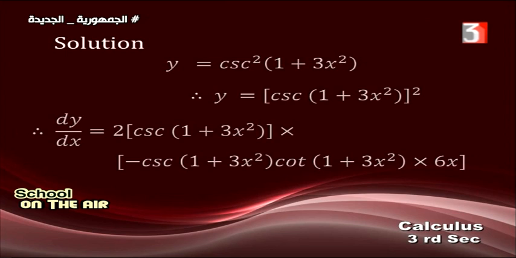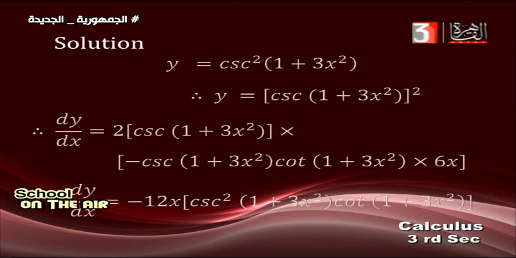Then dy/dx equals 2 multiply the bracket cosec of 1 plus 3x power 2 multiply negative cosec of 1 plus 3x power 2 cotan of 1 plus 3x power 2 multiply 6x, and in the simplest form dy/dx equals negative 12 multiply cosec power 2 of 1 plus 3x power 2 multiply cotan of 1 plus 3x to the power 2.